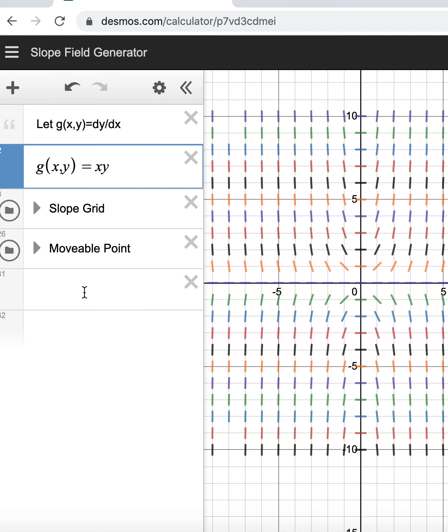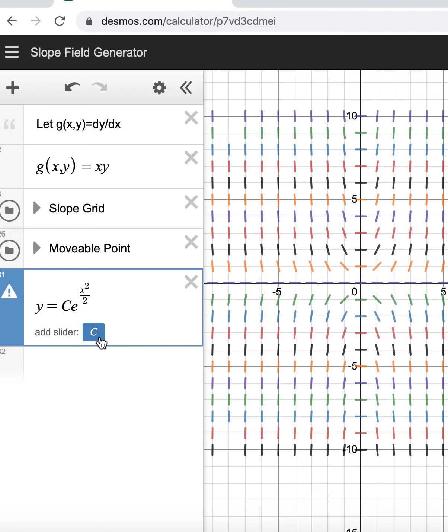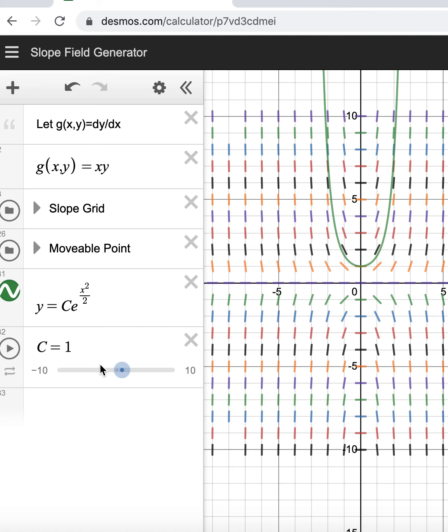And now what I'm going to do is I'm going to write in the general solution that we found. I'll use the slider to see what kind of curves it makes. Does it seem like the functions have some relationship to the slope field? The slope field represents the slope of the solutions.